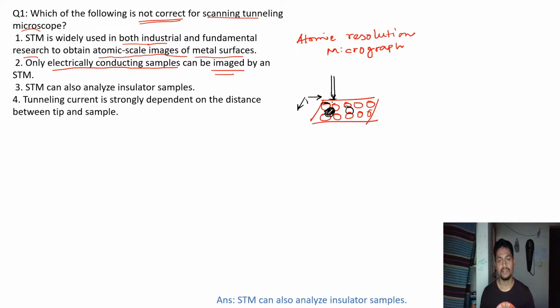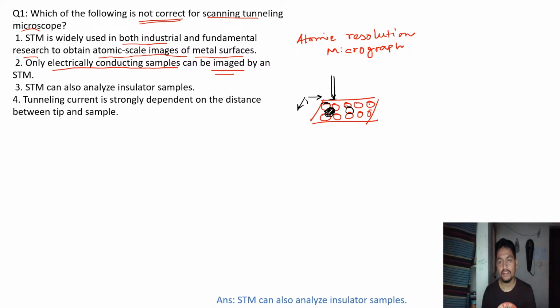That will change into the tunneling current. I'll discuss that in detail. The basic thing is we are measuring the tunneling current depending upon the height, right? That means the electron is actually tunneling through, so it should be an electrically conducting sample.